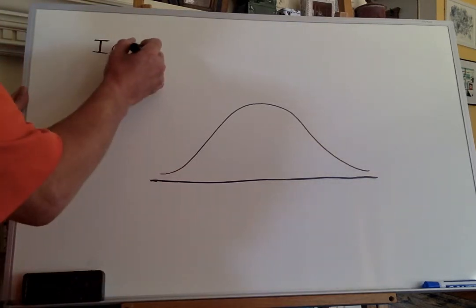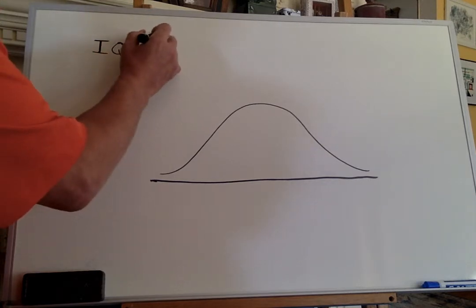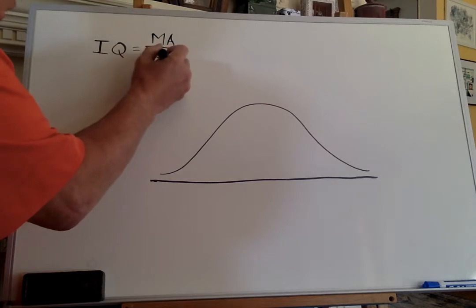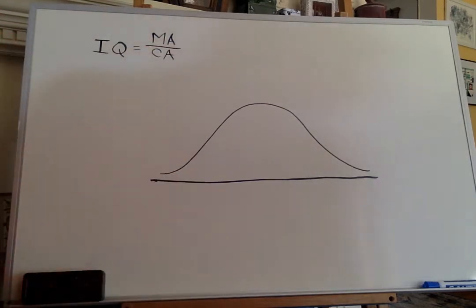It's a quotient, and it refers to someone's mental age divided by their chronological age. And this is a very common multiple choice question in an intro psych exam.